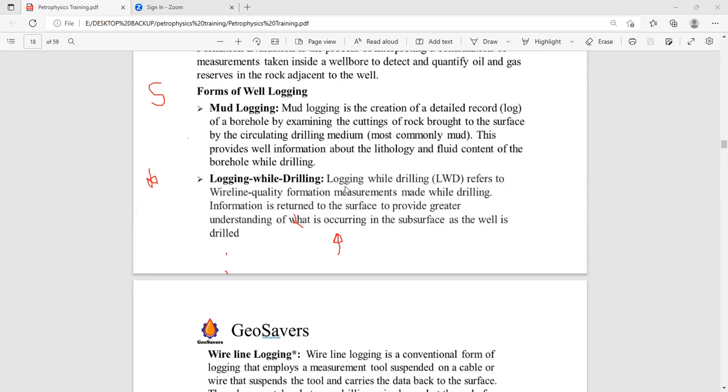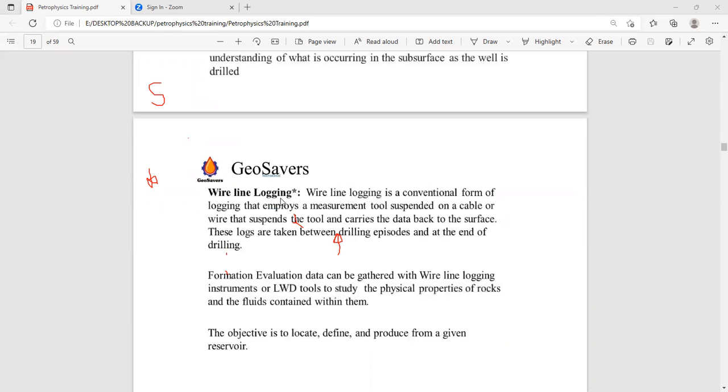Logging while drilling: there are also sensors attached to the drilling string, the purpose of which is to get some kind of pre-measurement before the actual well log takes place after the drilling has been done. The measurement from those sensors is what we call logging while drilling.